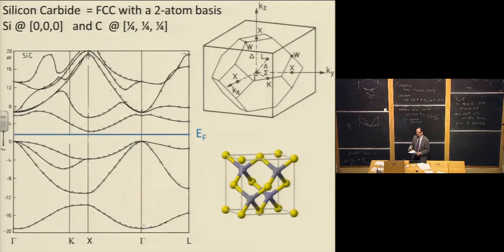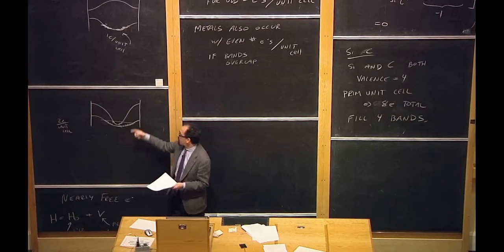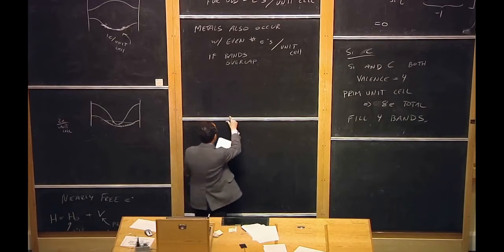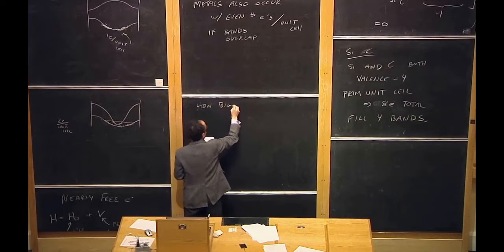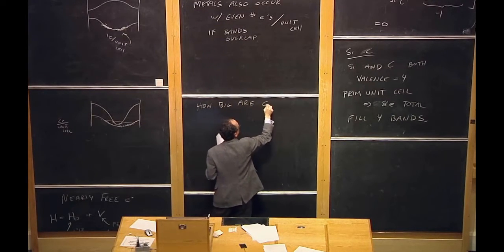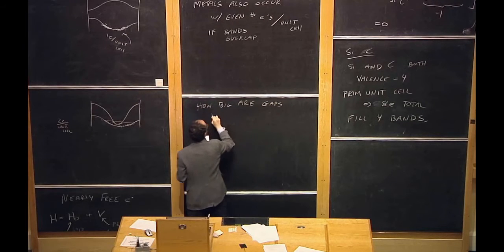One thing that's really important to keep track of is how big the gaps between bands are. If the gaps between the bands are really huge, then you're never going to have this situation occur. If the bands are sufficiently far apart, they're not going to overlap. So how big are gaps between bands?